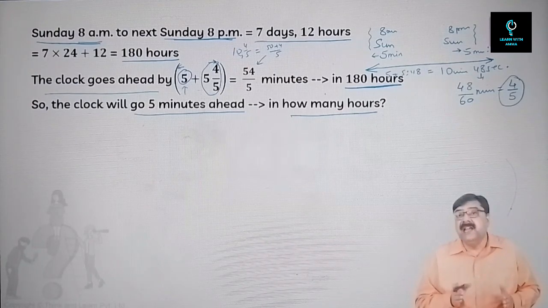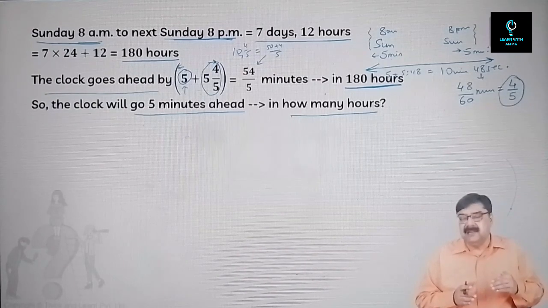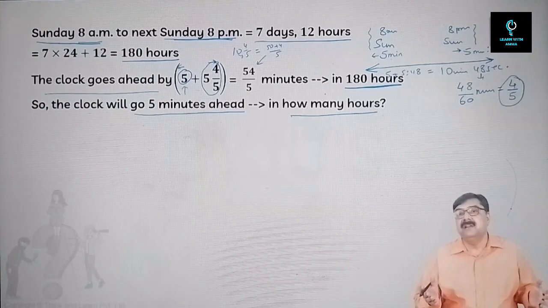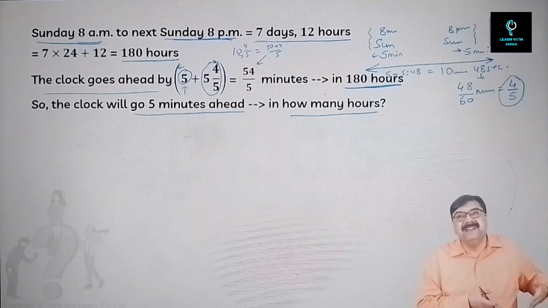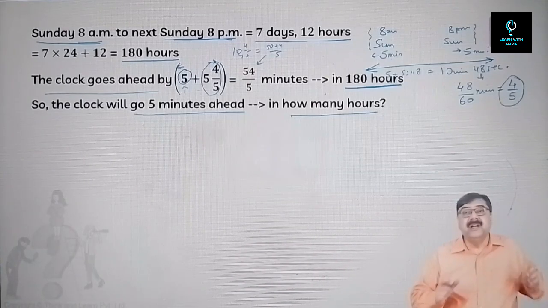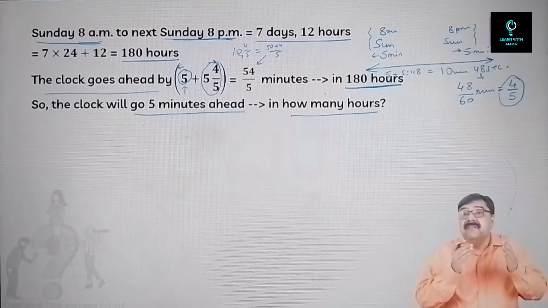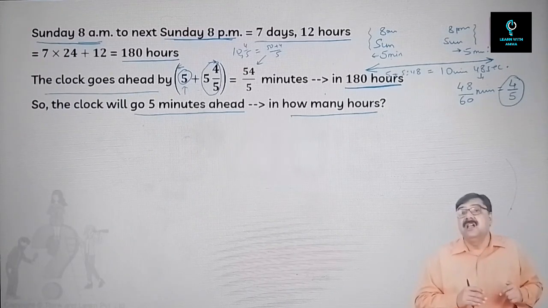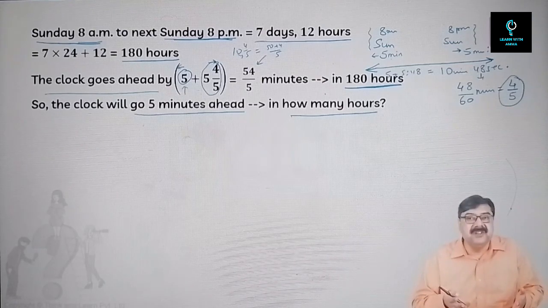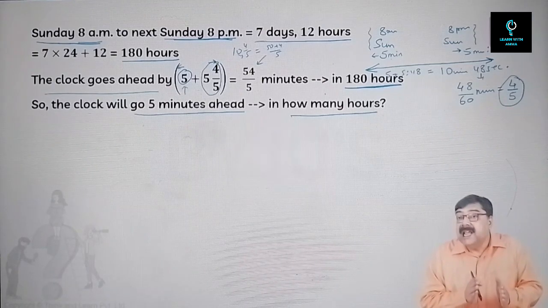So it will gain 5 minutes, that is lesser. In how many hours? And why 5 minutes? Because it was behind by 5 minutes. The clock showed a timing which was 5 minutes lesser than the actual timing. So if the clock will gain 5 minutes, it will show you the exact time.